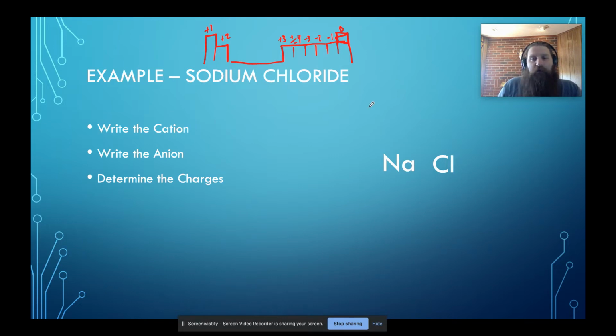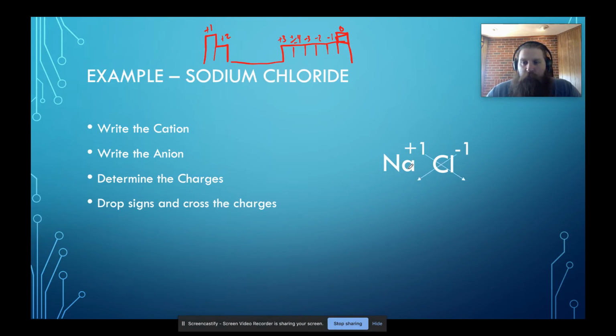Chlorine is a halogen. So I know that chlorine is -1. Sodium is an alkali metal. It's in the first column, so it's +1. That's how I determine the charges. I'm going to drop the signs and cross them. So the plus and the minus are going to go away. Oh, get my pen to catch up there. And we're just going to drop them down.